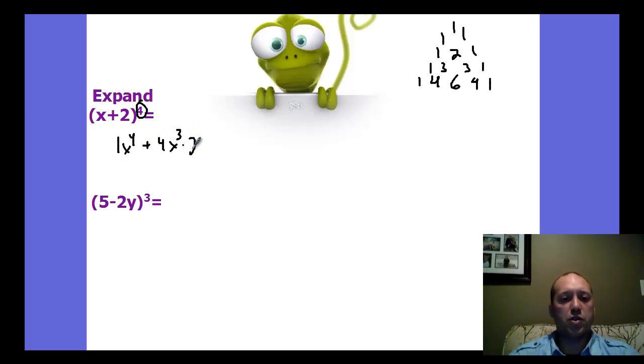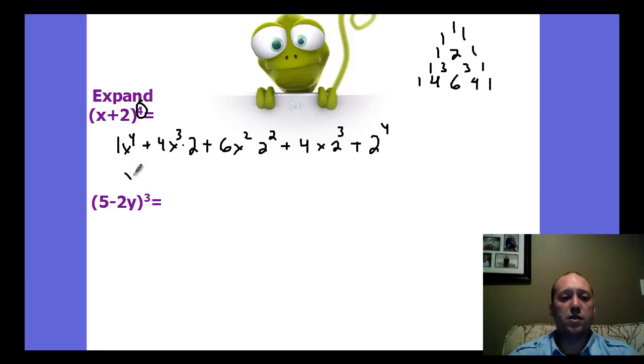Our second term, 2, is going to start going up, so it's not y, it's 2 in this problem, plus 6, x squared, 2 squared, plus 4, x, 2 cubed, plus 2 to the 4th.